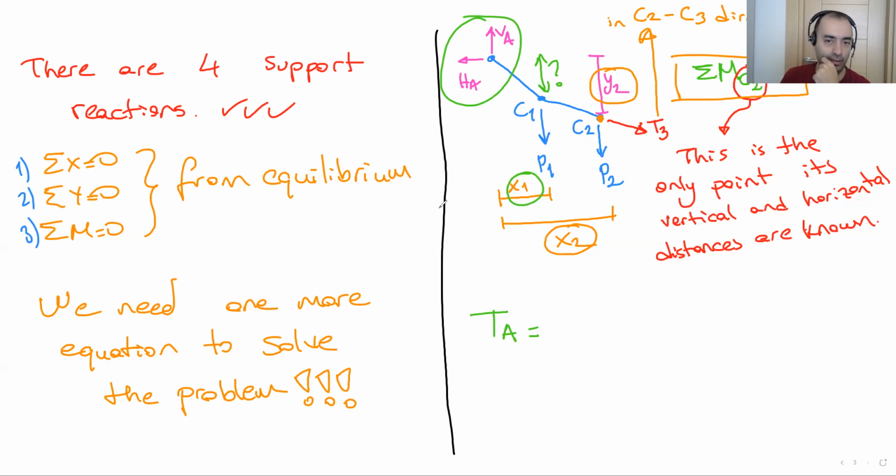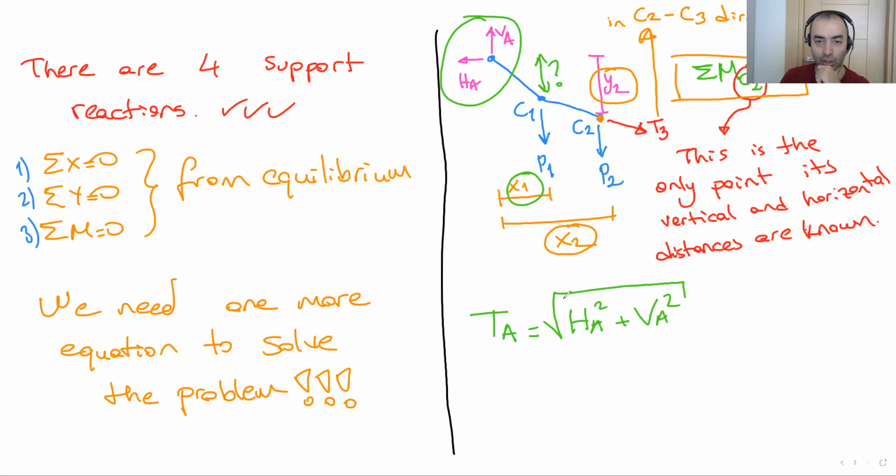How can we combine it? Okay, what do you think? You know how to do it from the subject force in the first or second week. We talked about the combination of these forces. Let's do it. HA square plus VA square gives you the TA.